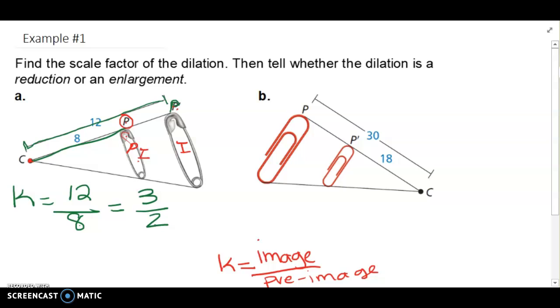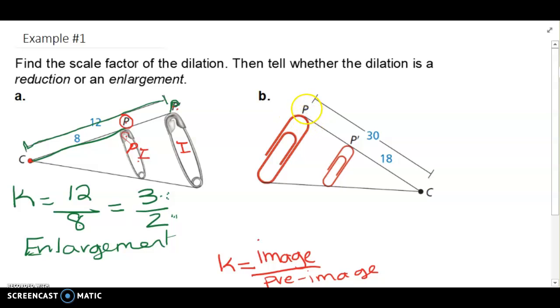And we are getting bigger, so it is an enlargement. If we had gotten 2/3 but saw it got bigger, that should be a red flag that we flipped these two. I want you to do B on your own, and then we'll go over it. First, identify the pre-image and the image, and then find your scale factor.